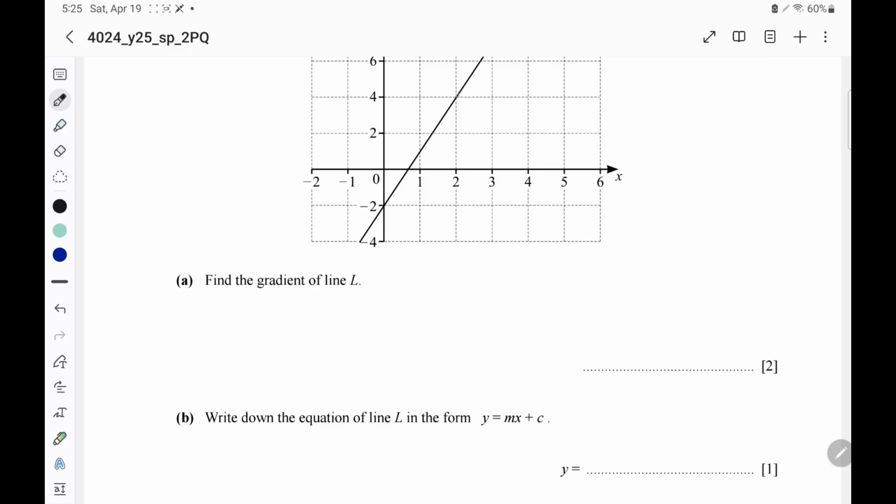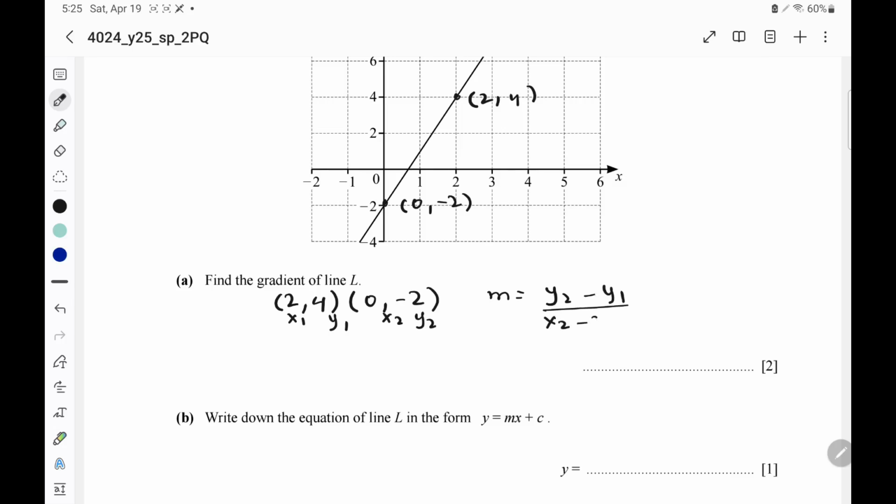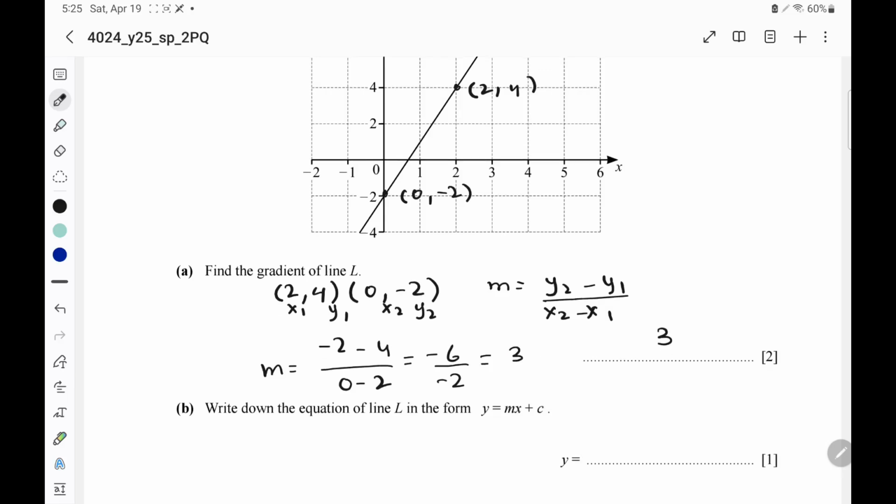So I can take 2 coordinates like (2, 4) and (0, minus 2). x1 y1, x2 y2. The gradient is y2 minus y1 upon x2 minus x1. Minus 2 minus 4, 0 minus 2. So that is minus 6 upon minus 2, which is equal to positive 3.